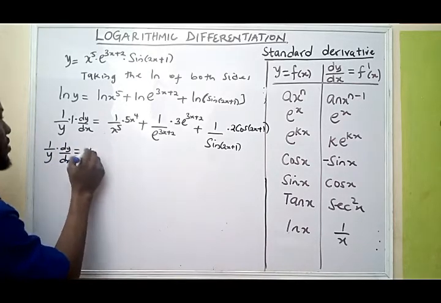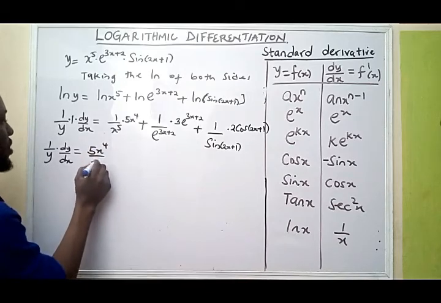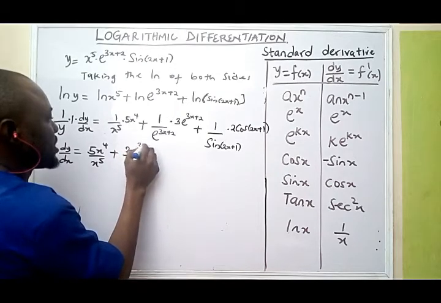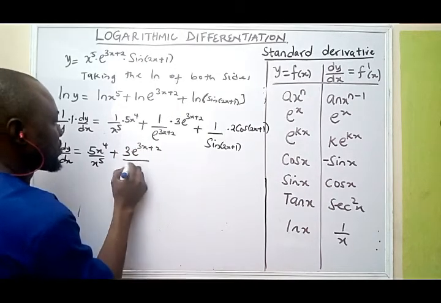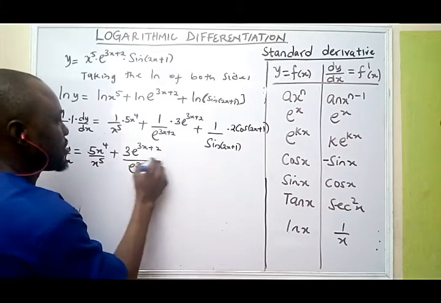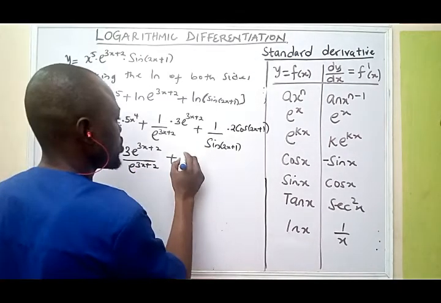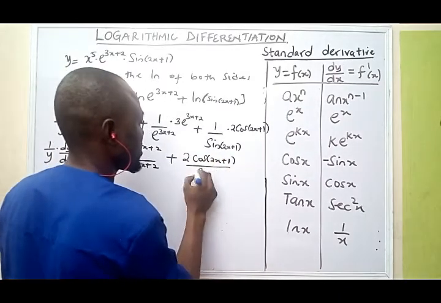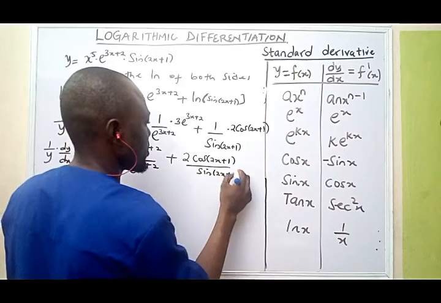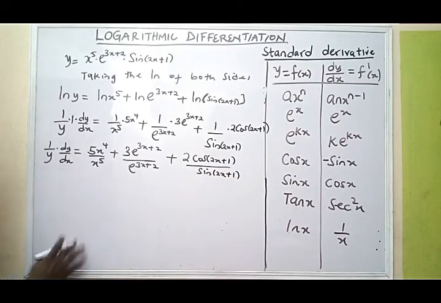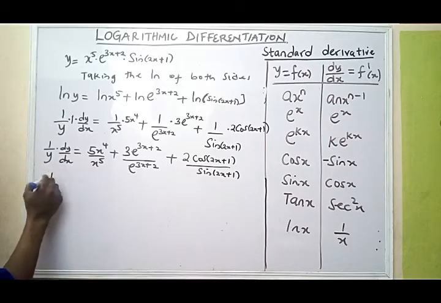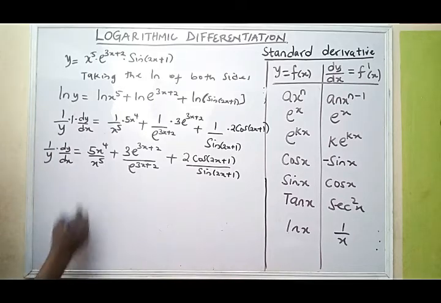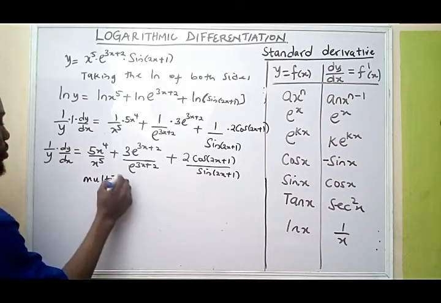So this is 5x raised to the power 4 over x raised to the power 5, plus 3 e^(3x+2) over e^(3x+2), plus 2 cos of 2x plus 1 over sine of 2x plus 1. Now I can multiply through by y.